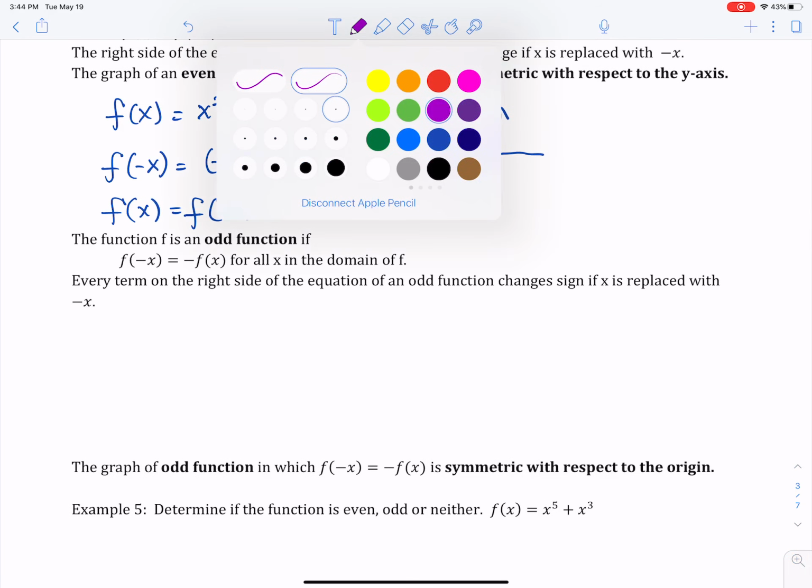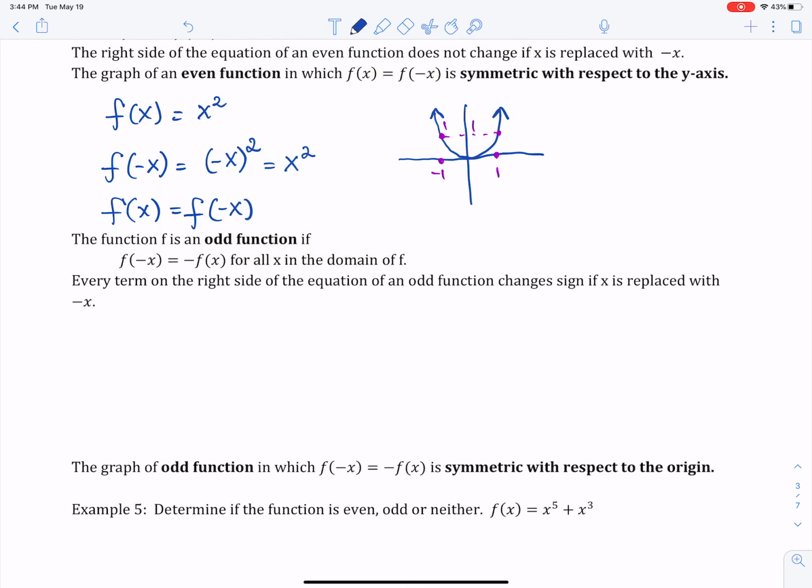What's going on with odd functions? Odd functions are the ones where, if we put a negative up front, that negative is going to show up in front of the function. For example, let the function be f of x equals x cubed. If we do f of negative x, that's the same as negative x to the power of 3.